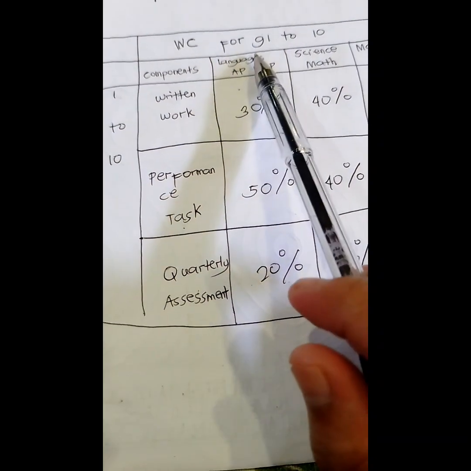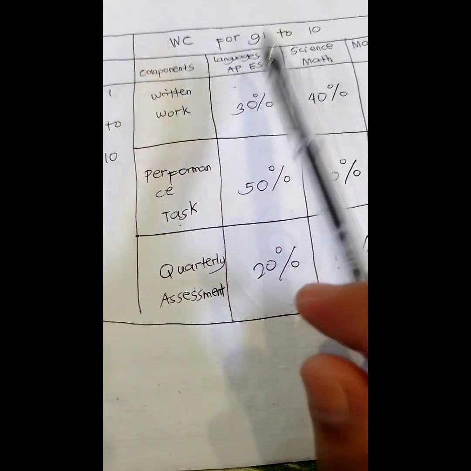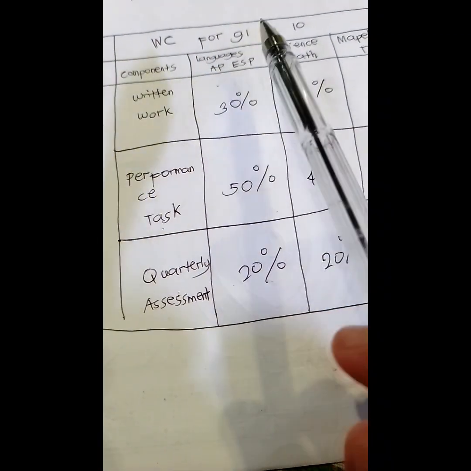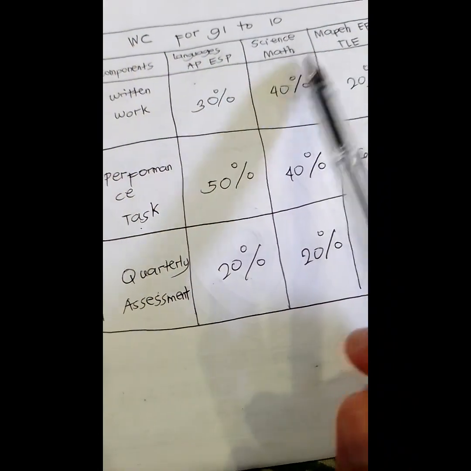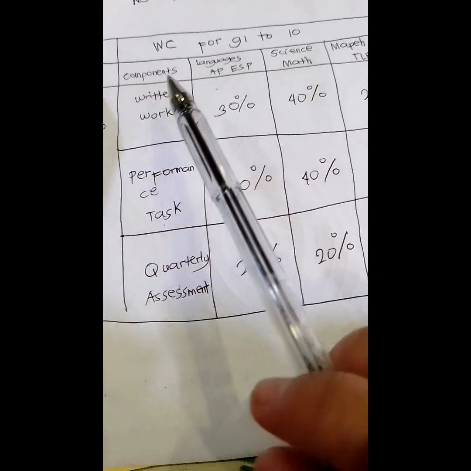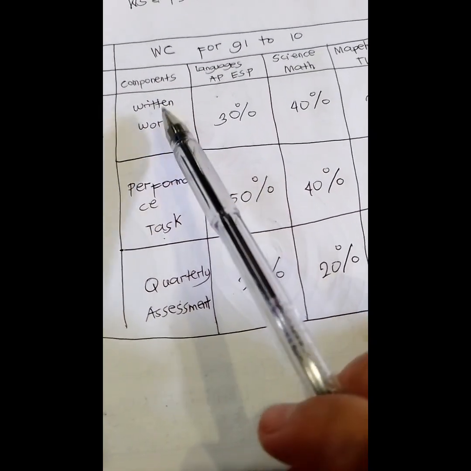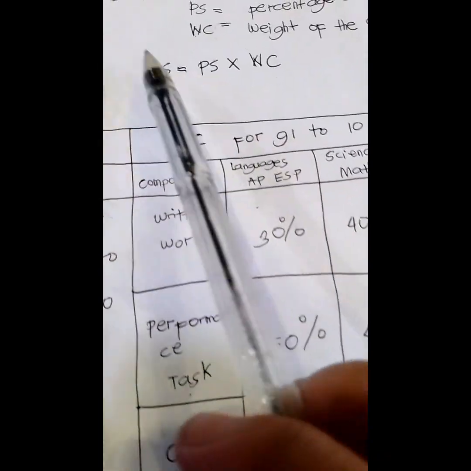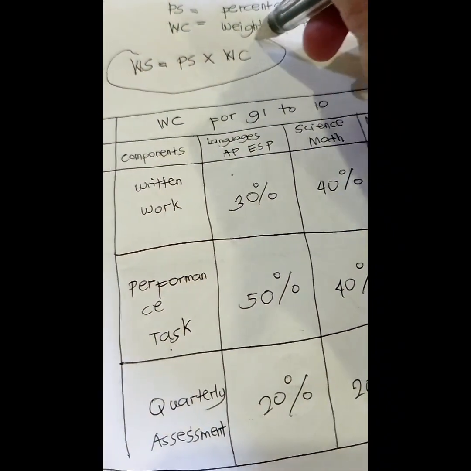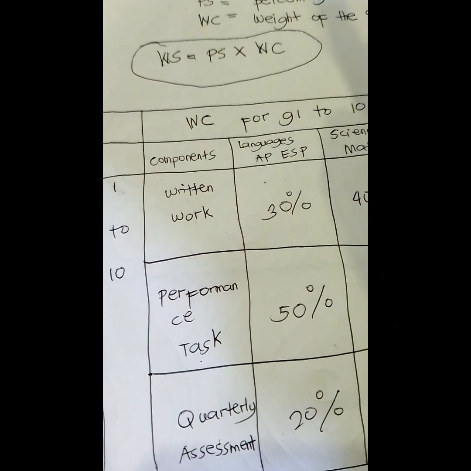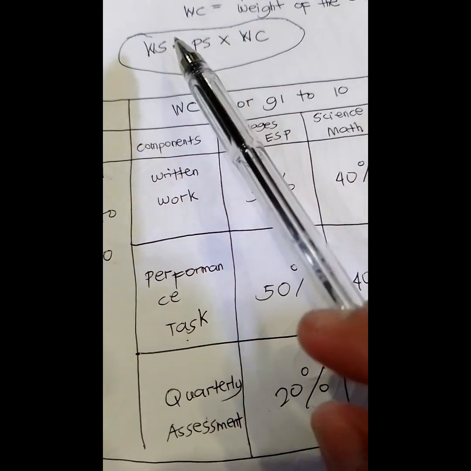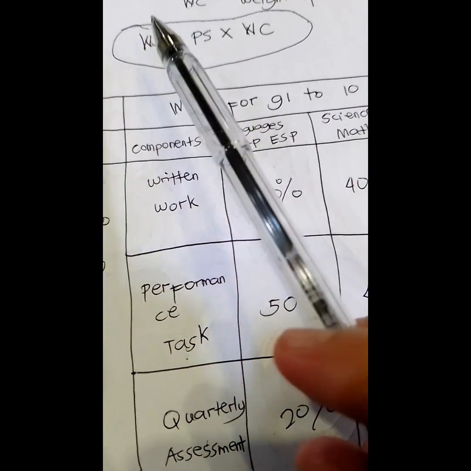In the first table, and in the second column, I'm sorry, we have languages, AP, ESP, and the other one is science and math, and the last one is MAPEH, EPP, and TLE. So, using this equation in step 3, we need to find the weighted score of the 3 components. Now that we have the percentage score, we move on to the weighted score of the 3 components.